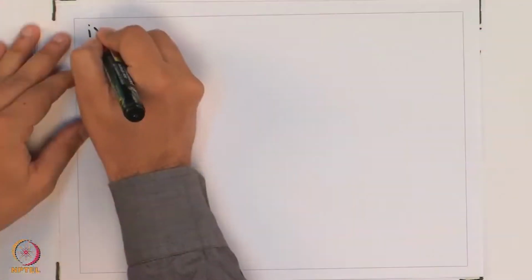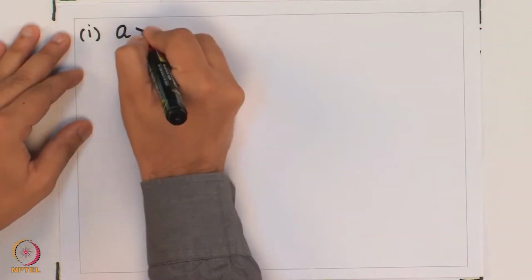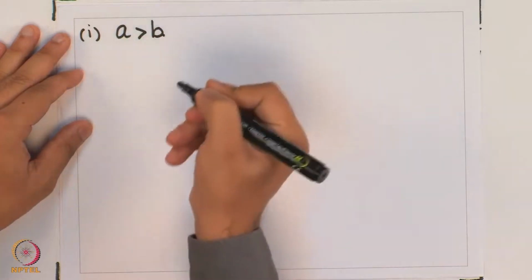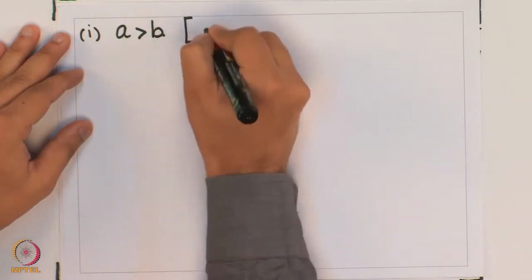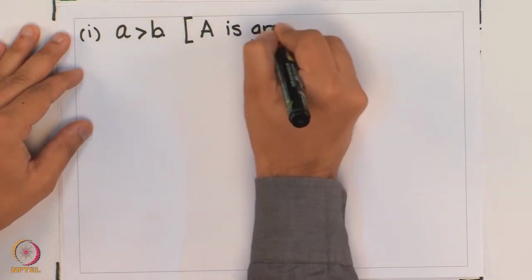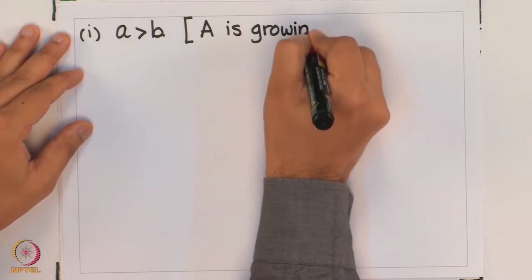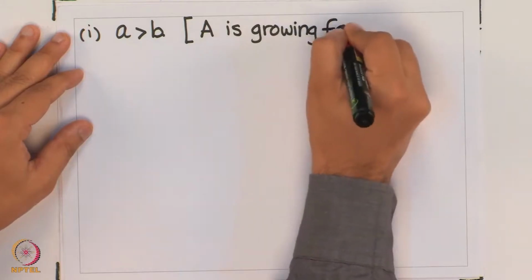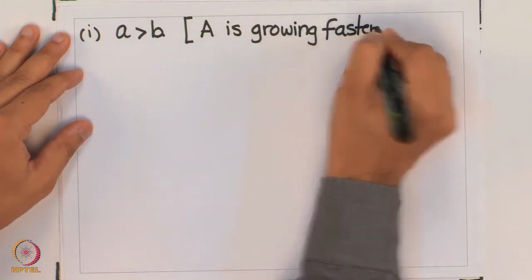So, let us just do it, but as we had identified, there are two distinct cases for doing that in the case that we are dealing with. So, case 1 is when A is greater than B. This represents the case where genotype A is growing faster than B.